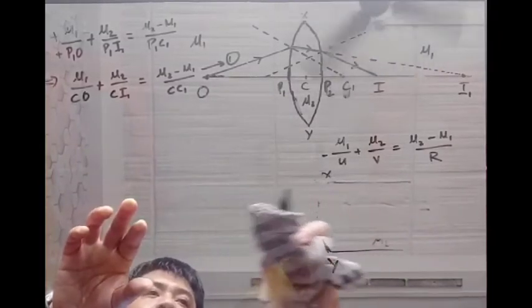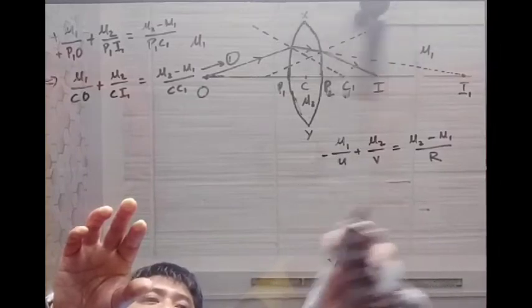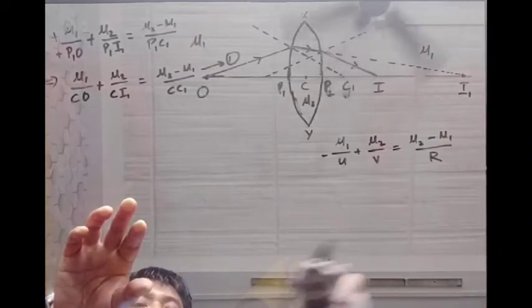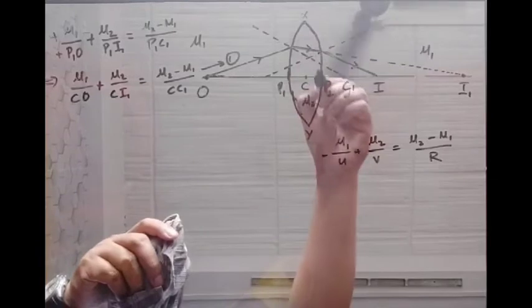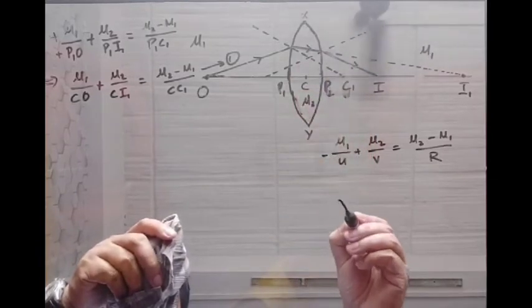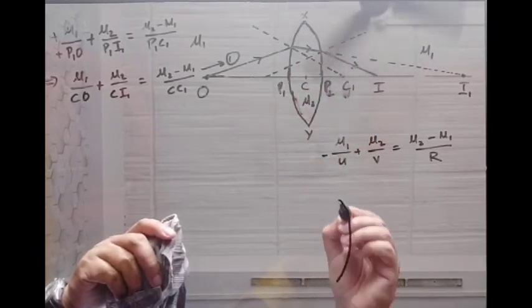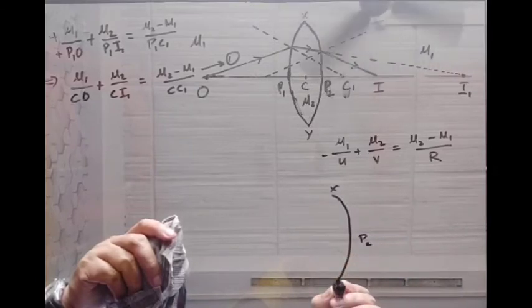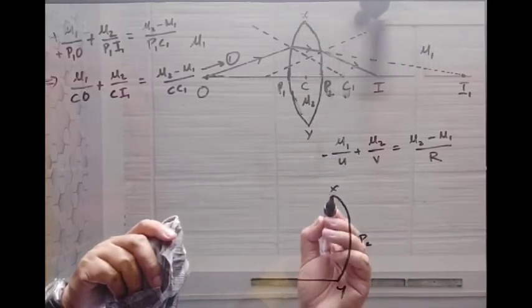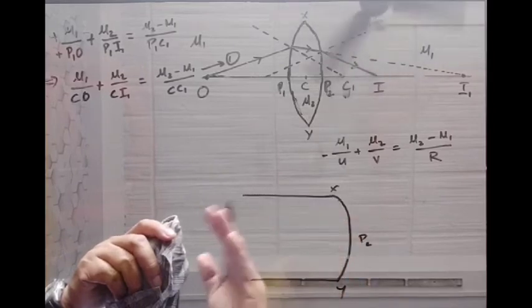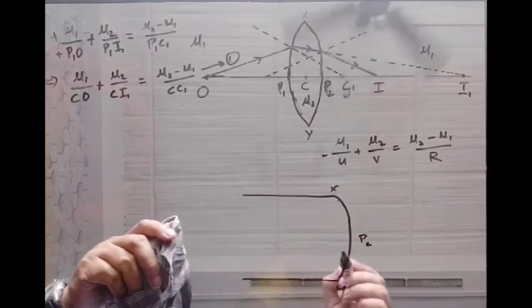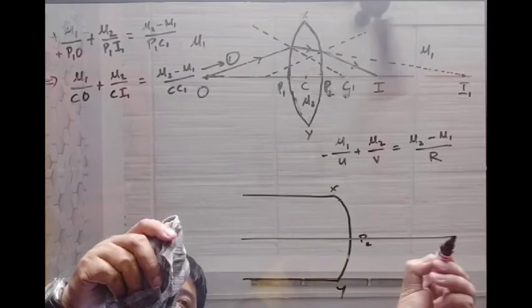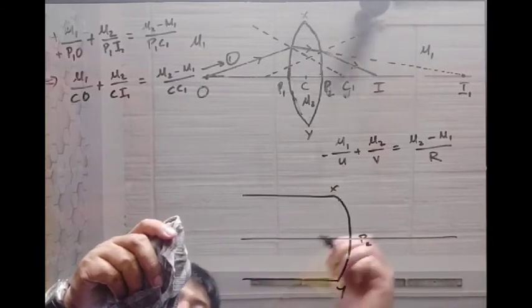Again, let us consider another refraction. Refraction at XP2Y. The material of the lens extends on the left side. This is the principal axis.